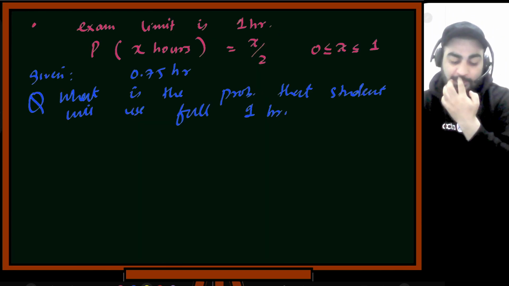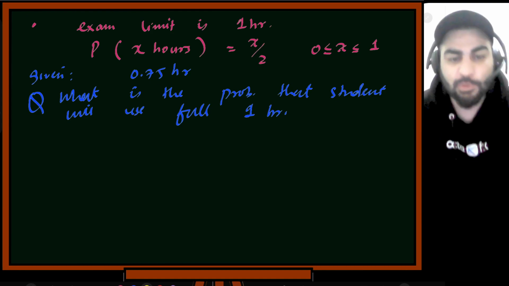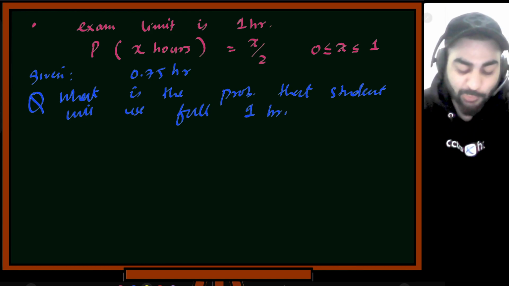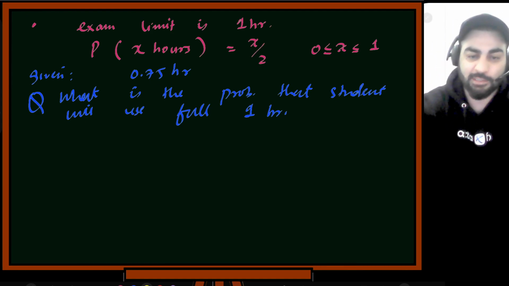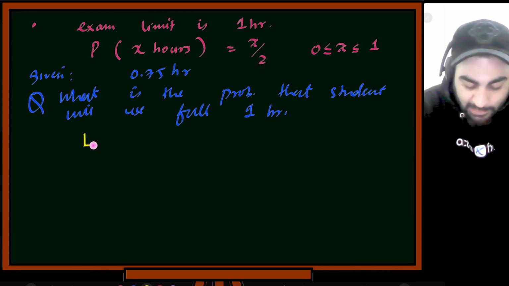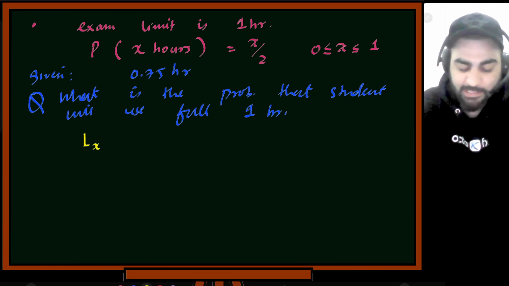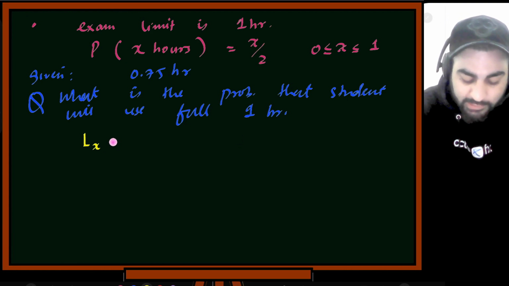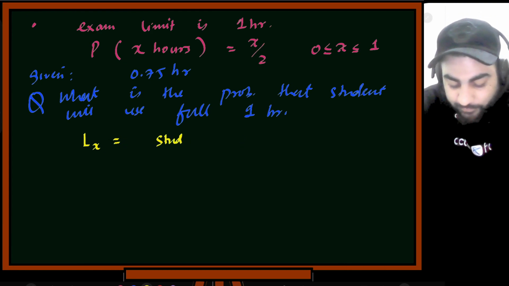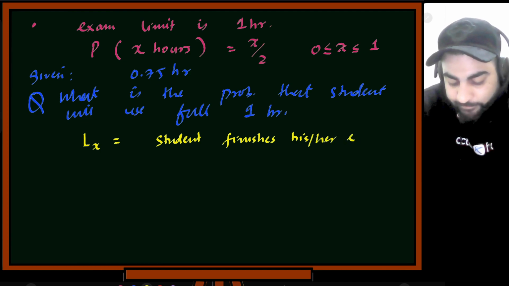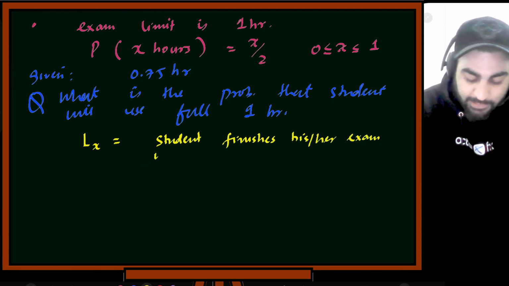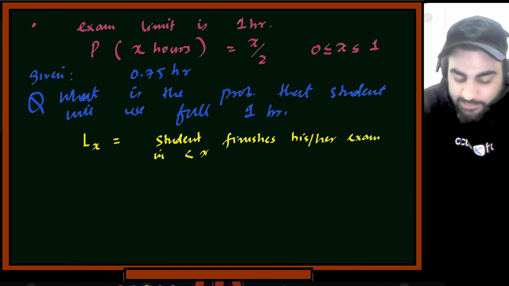Now if you look at the problem again, first we'll try to mathematically model it, getting it into the math world. Let's say L of x denotes the event that the student finishes his or her exam in less than x hours.